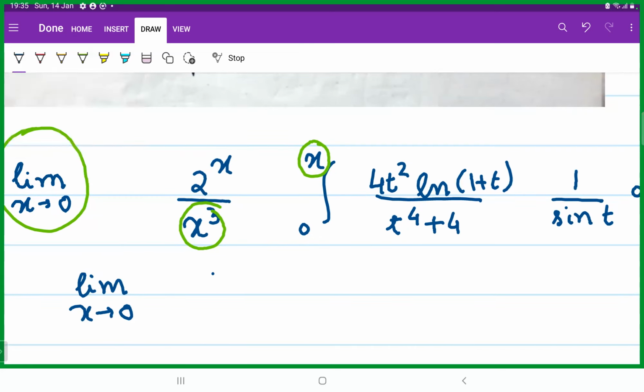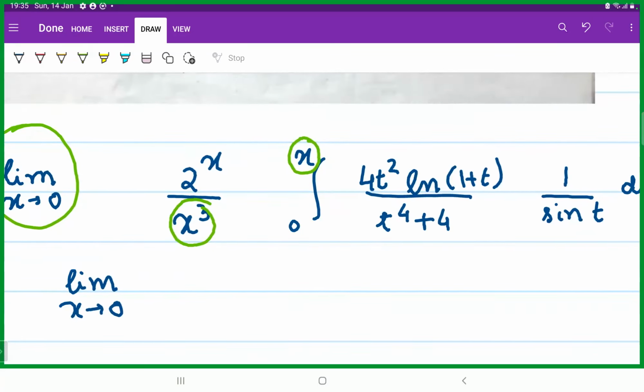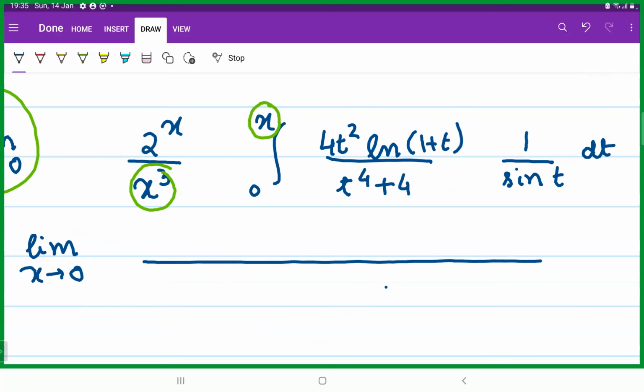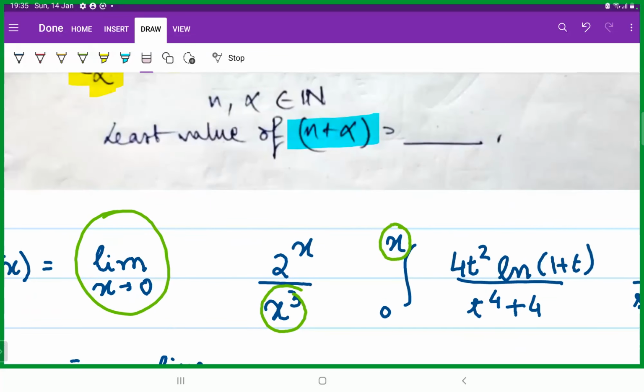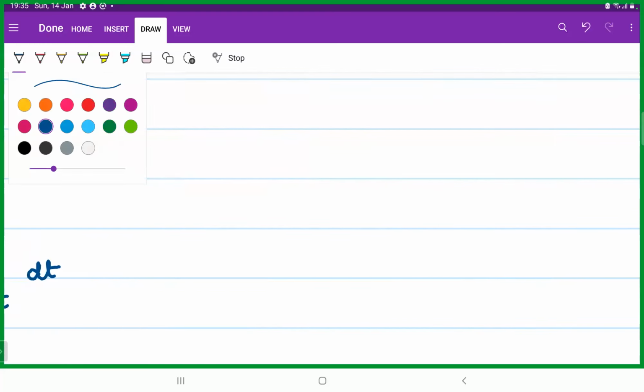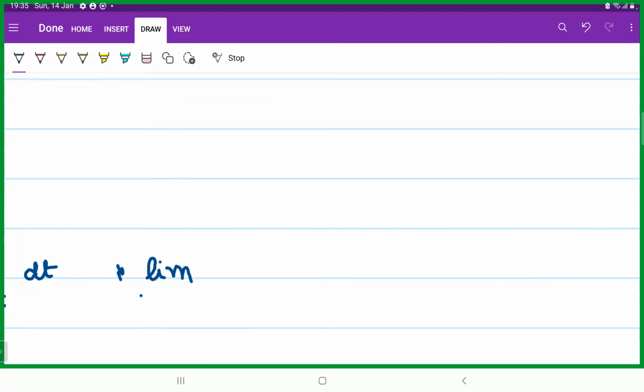This will be equal to 2 to the power x divided by 3x square. The denominator will be 3x square, right? And let me do one thing in the previous step. Let me just take this 2 to the power x outside, so that this is multiplied by limit x tends to 0 of 2 to the power x, which will basically be 1.